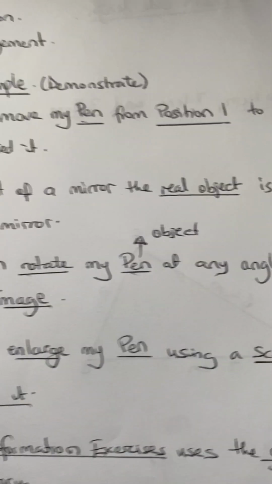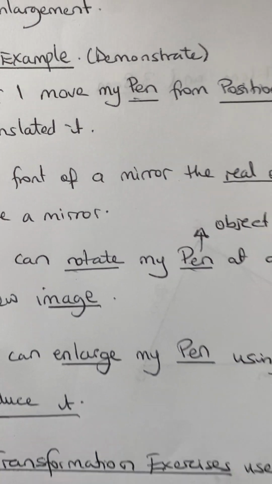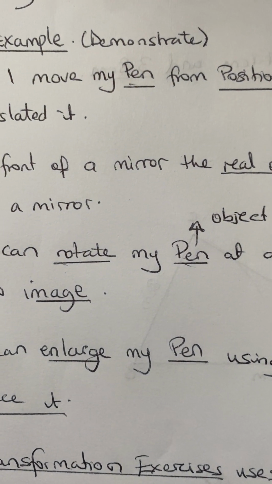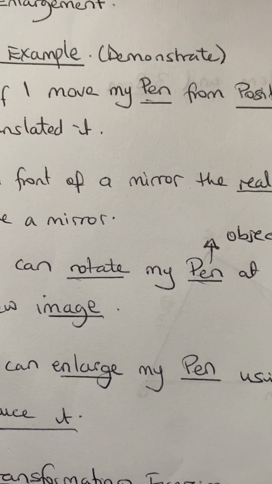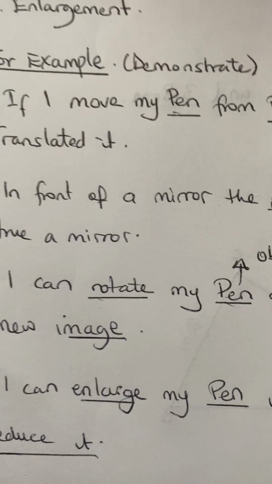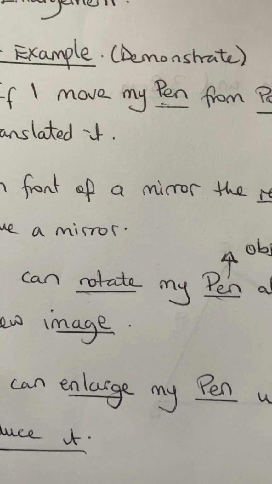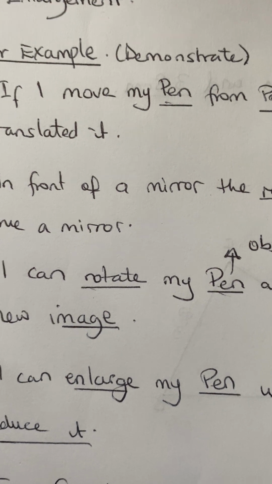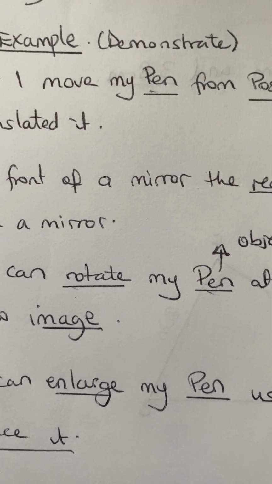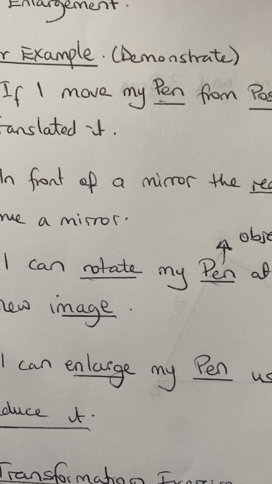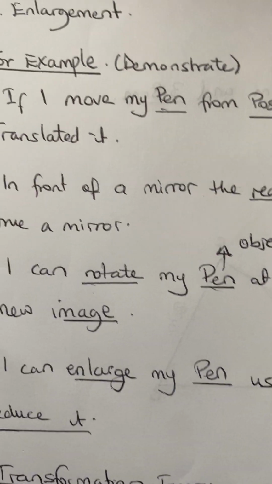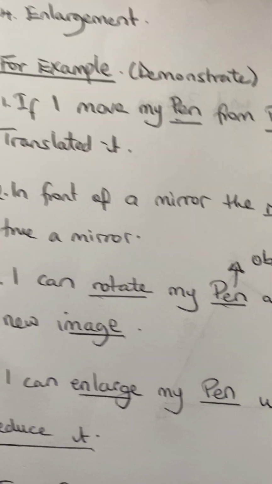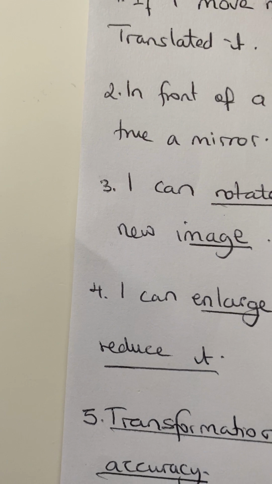But here we are going to get coordinates on the graph and then we'll translate. So we can have a square or a triangle or a rectangle and then we'll translate it with the instruction we've been given.